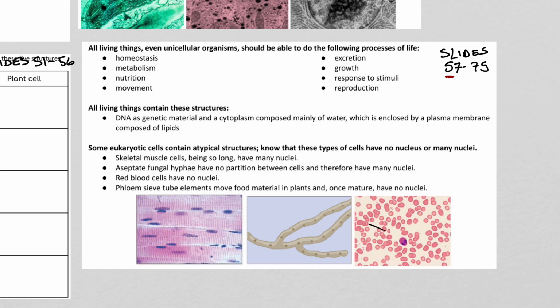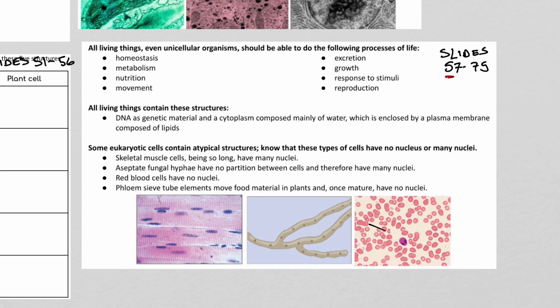Let me get my pointer on. So I'm going to be reading this sentence right here, and that is that all living things, even unicellular organisms, are able to do the following processes of life. So remember I said earlier that we would get to what all things in life can do. That's this list right here.